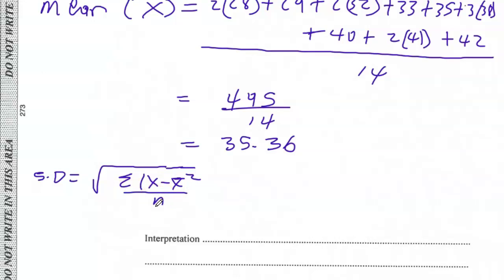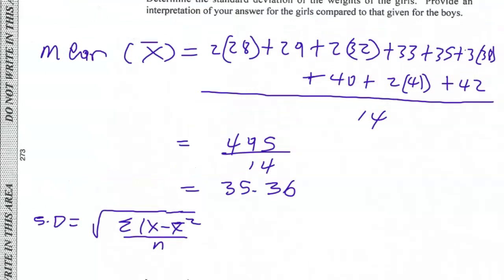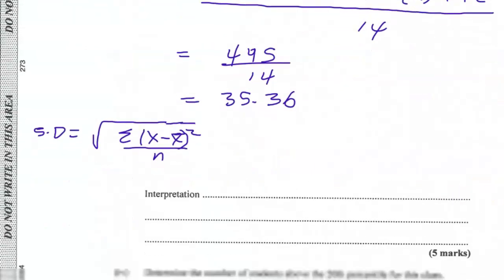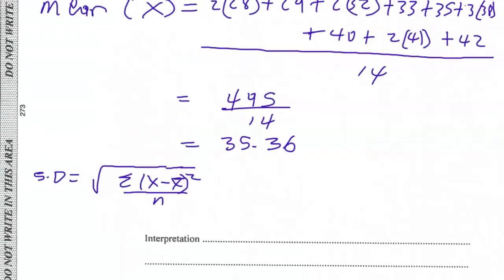So from each x value, we're going to subtract the mean, square the result, and sum the results. So we need to create a table. Let's create a table there.